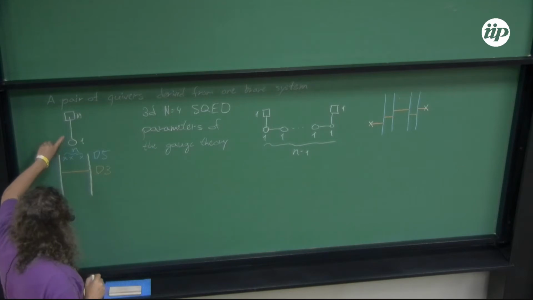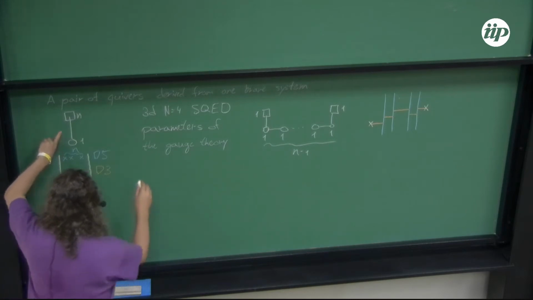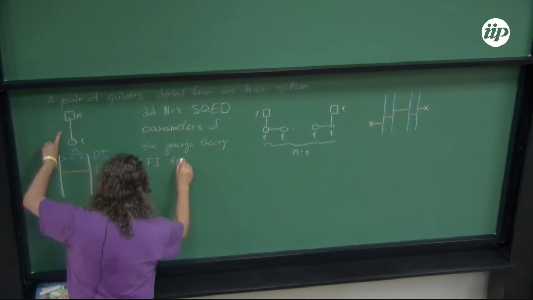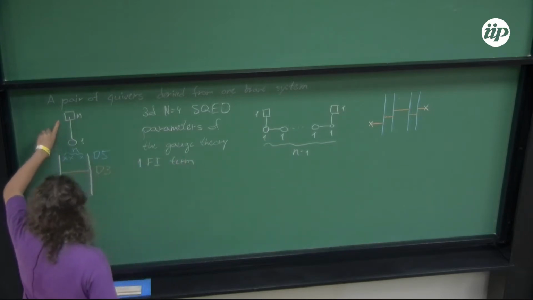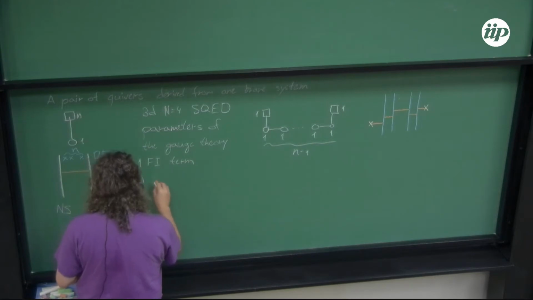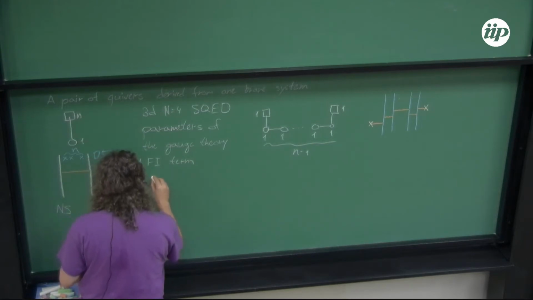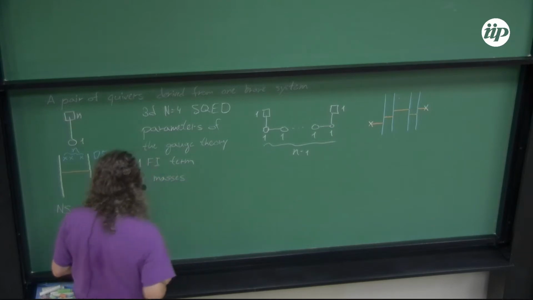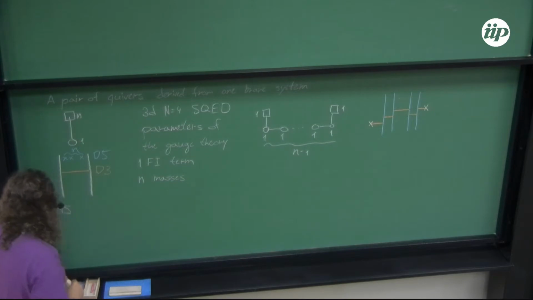For this particular theory, we have one Fayet-Iliopoulos term, and I have n masses.